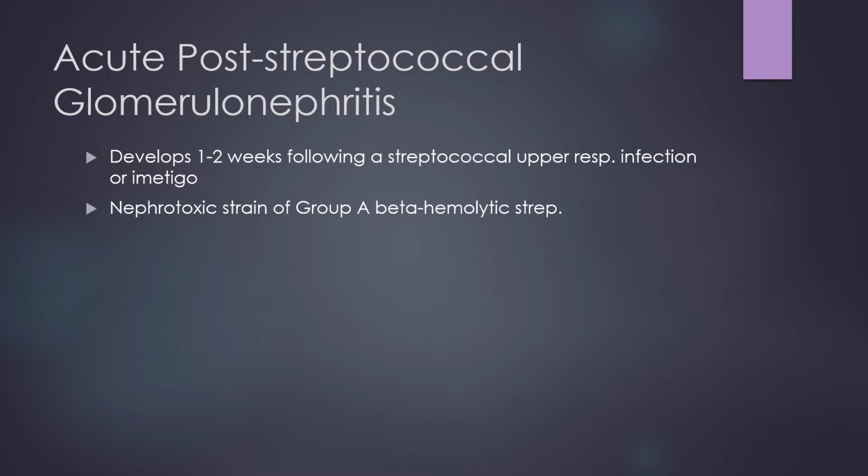The clinical manifestations develop about 1 to 2 weeks following a streptococcal respiratory infection, because of the nephrotoxic metabolites released by the group A beta hemolytic strep, and those antigen-antibody complexes destroy those little glomeruli.